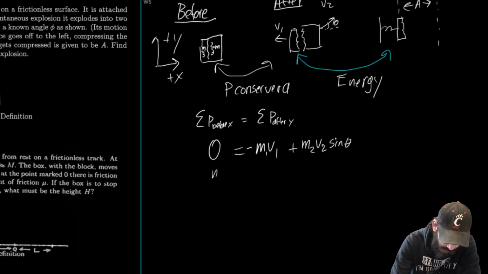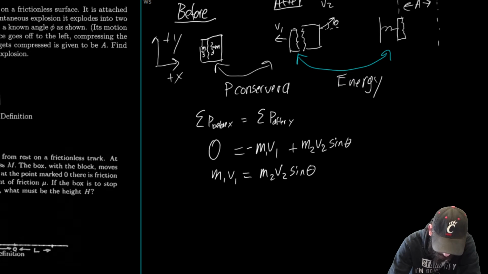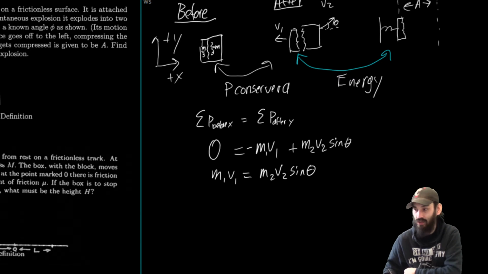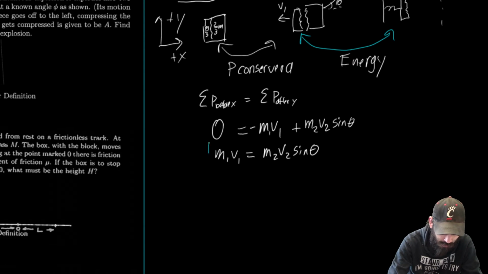So this gives us some relationship between our velocities for our two chunks from conservation of momentum. But we just need one more equation, and we're going to get that one from conservation of energy. So this is going to be equal to m2v2 sine of theta. I'll plug in what I have for these masses a little bit later. So this is the first equation that's going to be important.